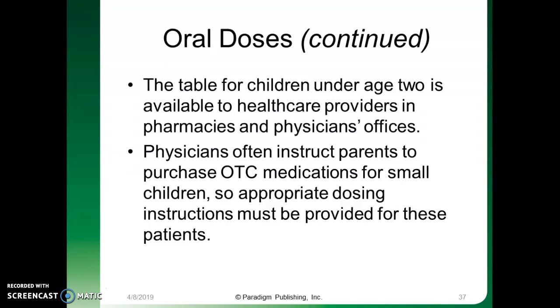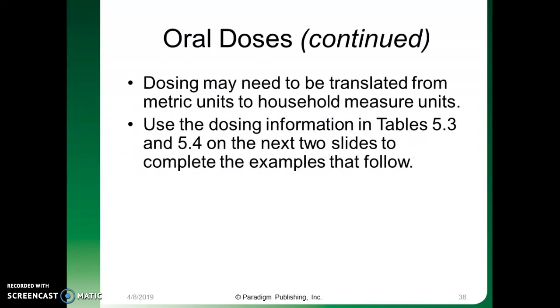Physicians often instruct patients to purchase over-the-counter medications for small children, so appropriate dosing instructions may be provided for these patients. So again, it's very rare, but there are medications out there that children under 2 years of age can use. And again, you want to consult with your physician or pharmacist before you administer any medication, even though you already know the formula that will be used for these types of medications.